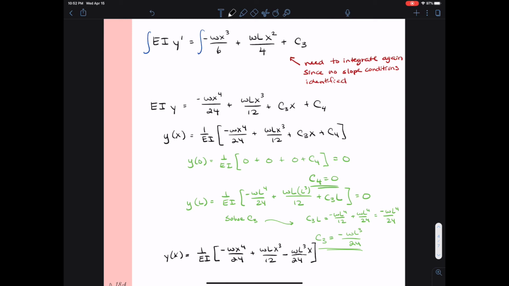And I'll rearrange things so that it looks a little cleaner. And I'll go ahead and box my final answer.